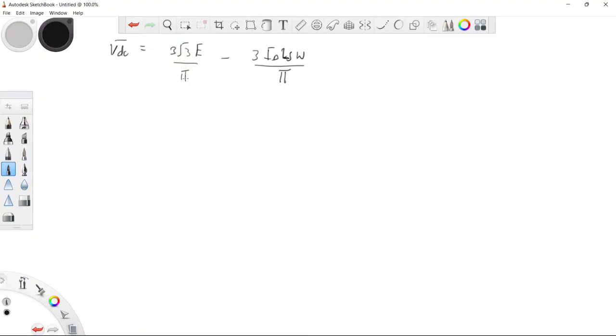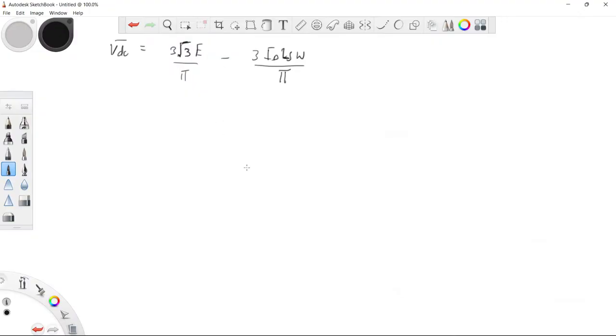Now let's see. Alright, so that's it. So this is the mean DC voltage.